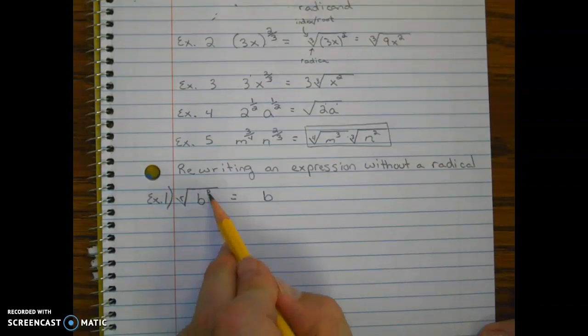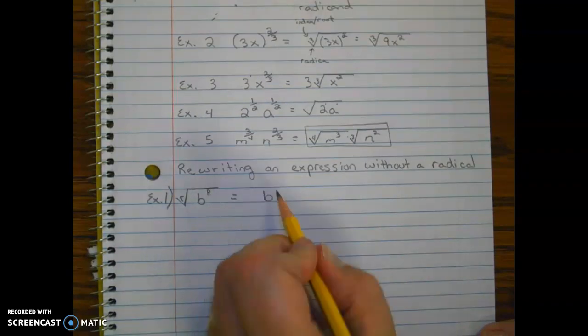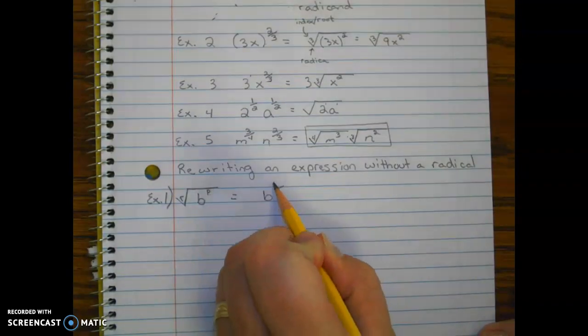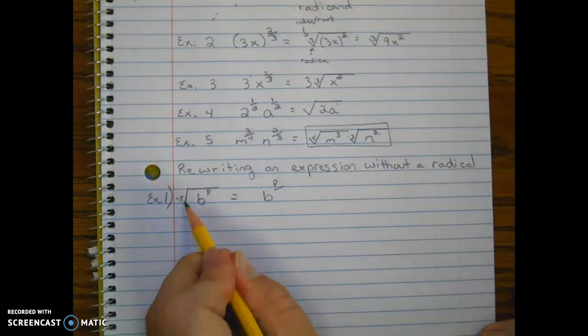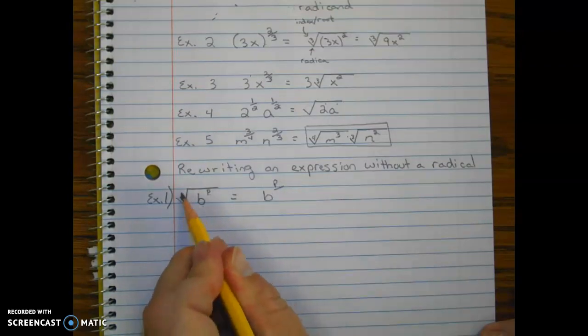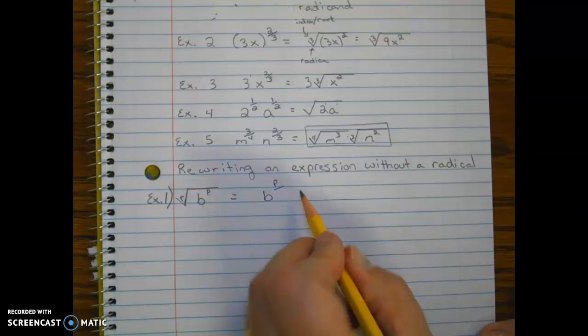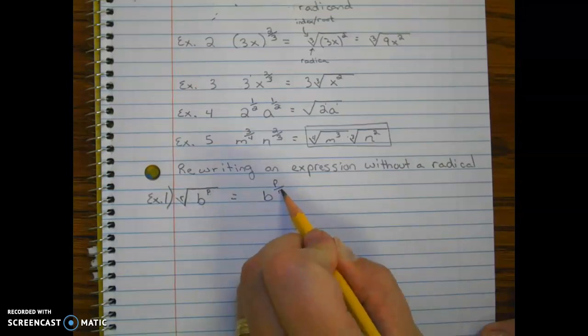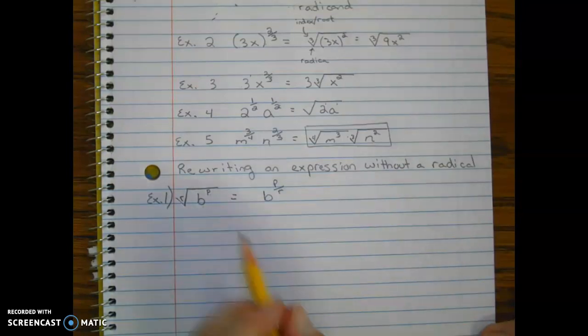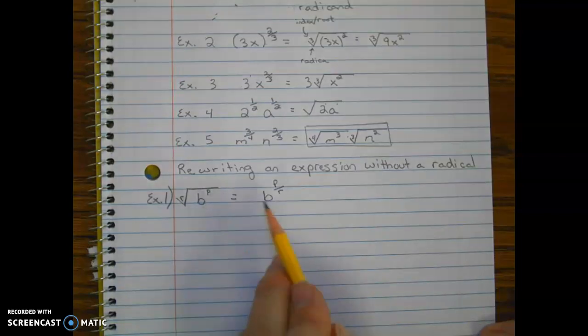Then we take the exponent, and that's going to go in the numerator. And then the root, aka index number, goes in the denominator. And that's how you go from a radical to a fractional exponent.